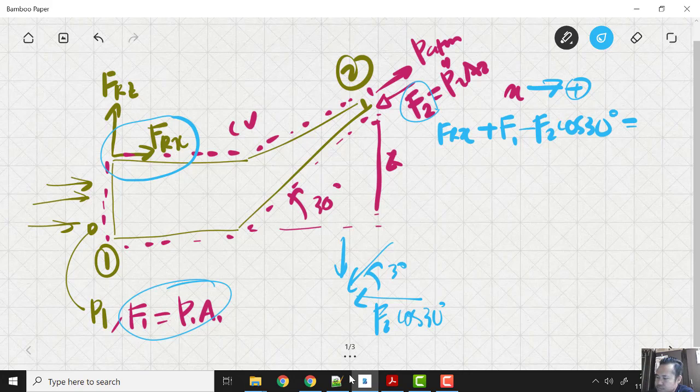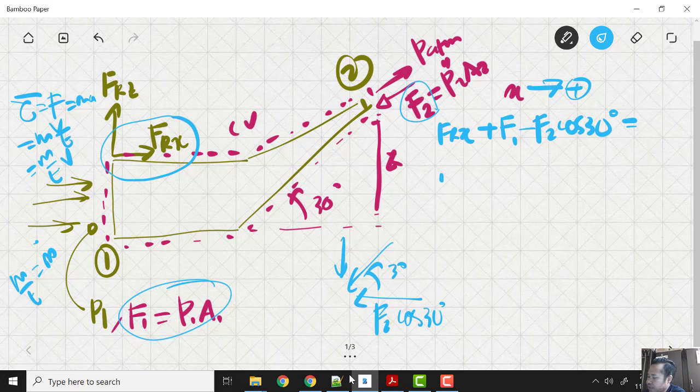we know that the total force is F equal to MA, or equal to M over V over T, or equal to M over T times V. And M over T is equal to M dot, the mass flow rate.